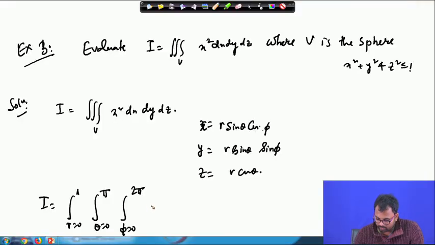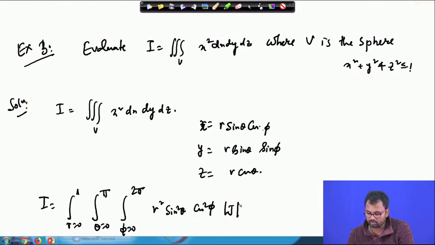Then we have x square, which is r square sin square theta cos square phi, and dx dy dz, which can be transformed into the determinant of J dr d theta d phi.